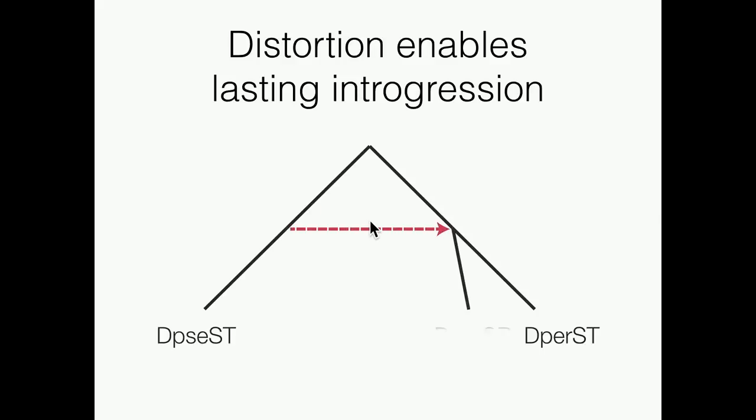However, when one of these introgressions acquires drive, then this would found the distorting chromosome in persimilis, and then through continued recombination between now the two persimilis chromosomes, we would come to the persimilis SR chromosome that we see today. And so this explains why we see the collinearity between these two chromosomes, because they're one and the same. The distorting chromosome in persimilis is in fact an old pseudoobscura chromosome that's persisted across species.